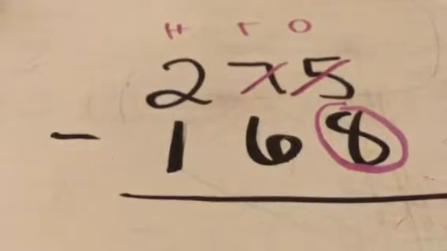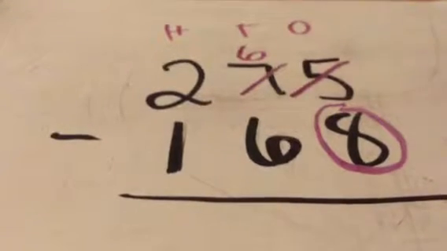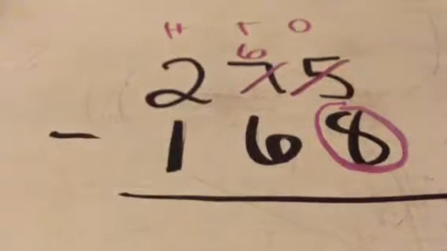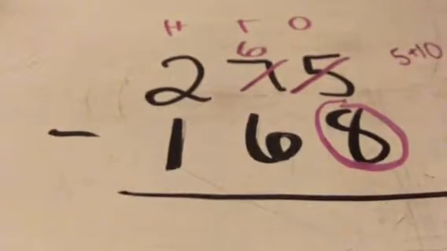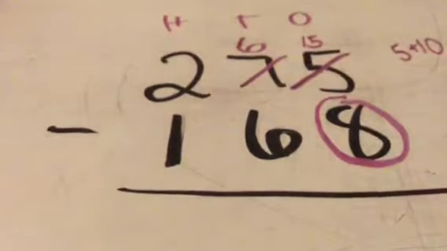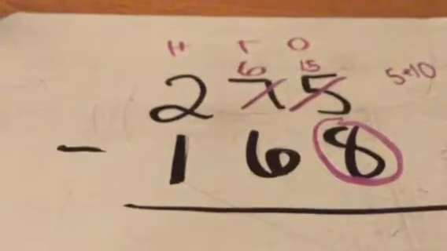So if I had 7 rods, I'm going to take one of them and turn it into 10 ones. I had 5 ones, I got 10 more ones, so I now have 15 ones. And I do 15 take away 8.